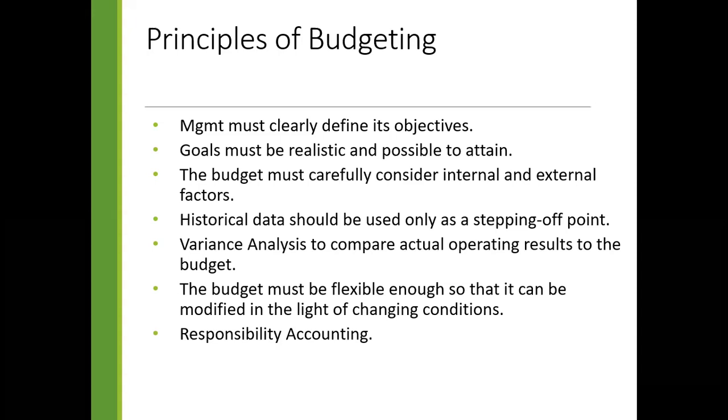As long as we have our variable cost broken down per unit, and we have determined our fixed cost, we can pretty much prepare our budget for any level of activity, right?